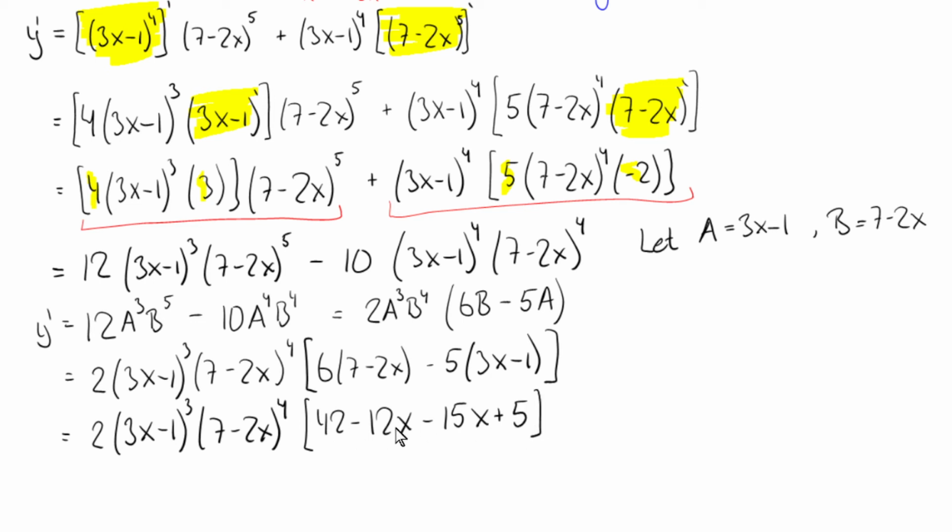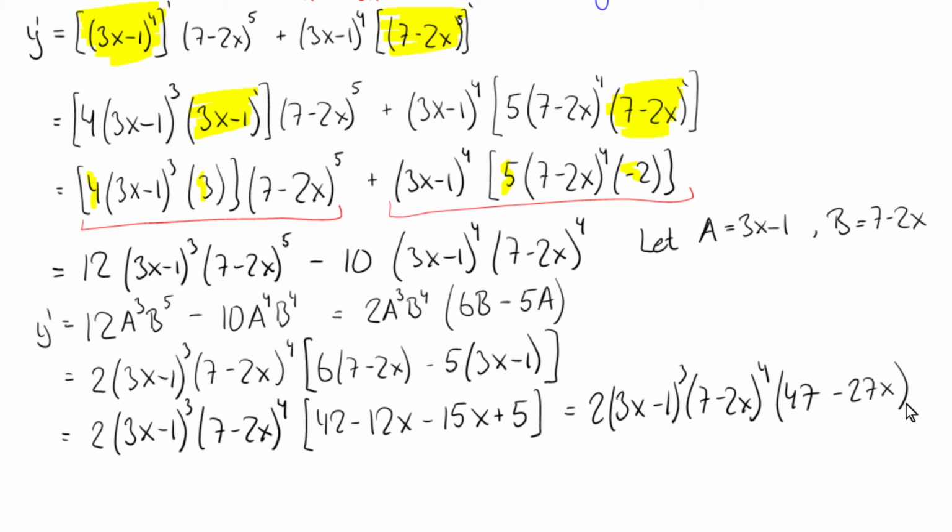And then we can combine some like terms here, which is going to leave us with 2 times (3x minus 1) cubed times (7 minus 2x) to the power of 4, and in this bracket, I'm going to have 42 plus 5 is 47, and then negative 12 minus 15 is negative 27x. Okay, so at this point we have achieved what we set out to do. We have expressed the derivative of that original function as a series of factors.